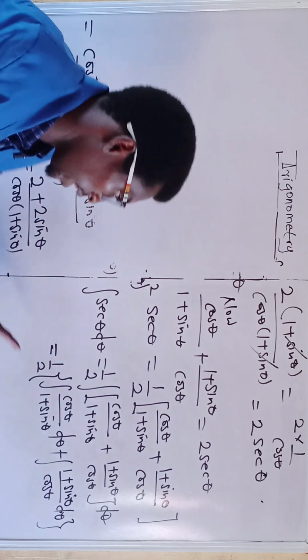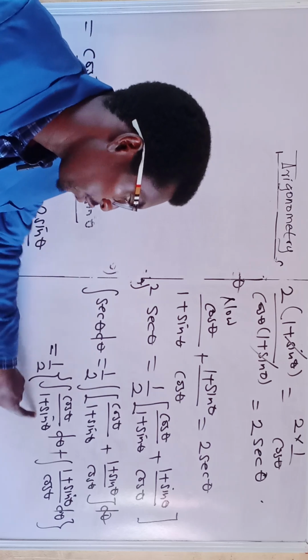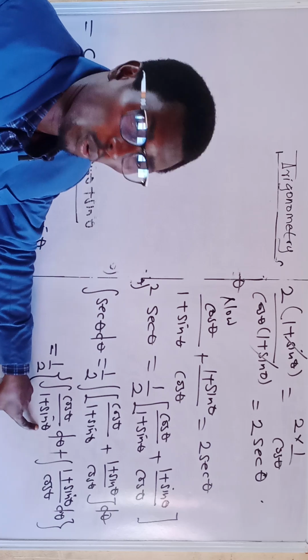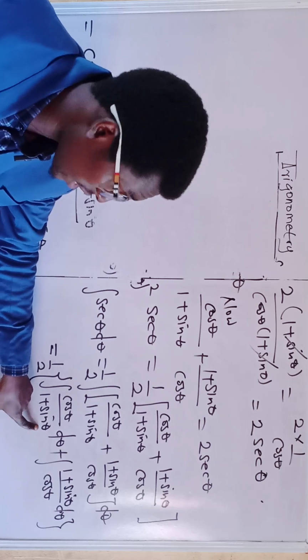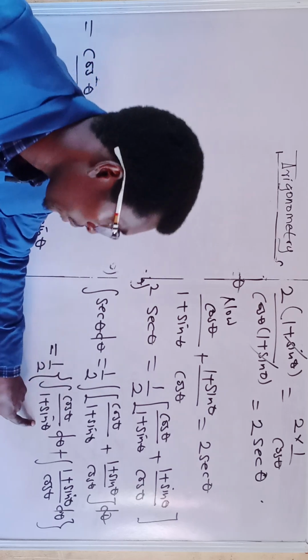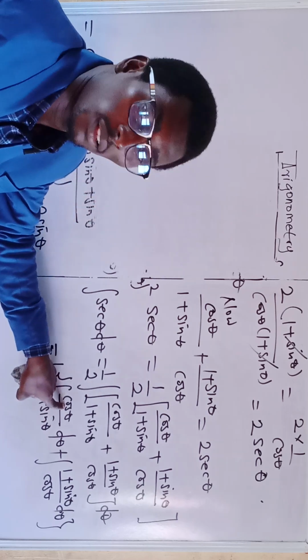Now, observe carefully that if you differentiate this denominator, if you differentiate 1, you have 0 as a result. If you differentiate sine of theta, you have cosine of theta, and that is exactly what is at the numerator. So if you differentiate the denominator, you shall have the numerator.